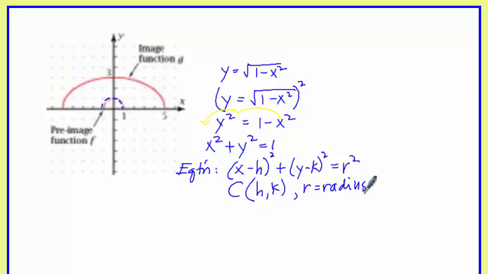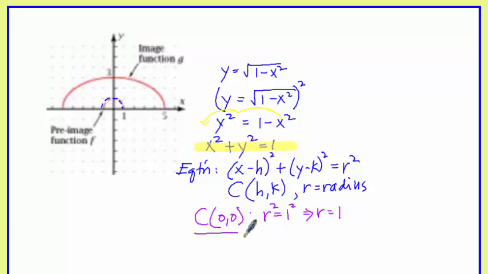So in this example, we are actually dealing with a circle with a center of (0, 0), or in other words, the origin, and a radius where r squared is equal to 1 squared, so r is equal to 1.